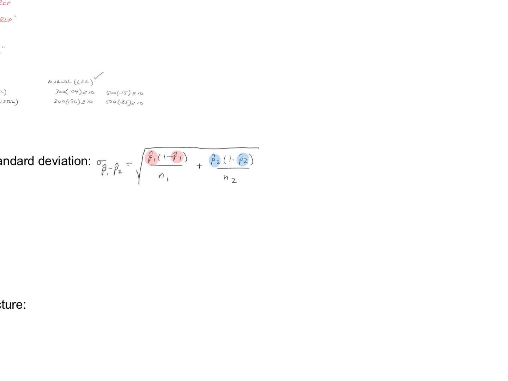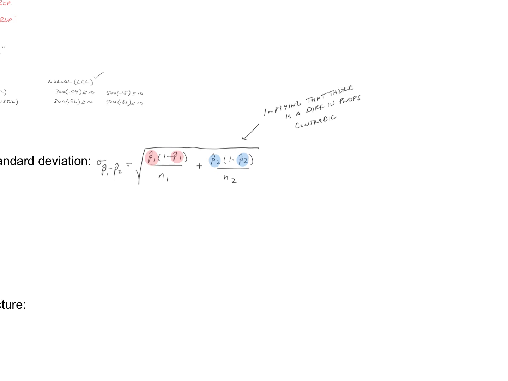We're contradicting our null. So this is where we're going to be a little bit careful: if I did it this way, I am implying that there is a difference in proportions, which is contradicting the null, all right?